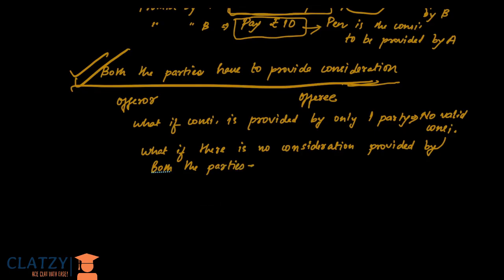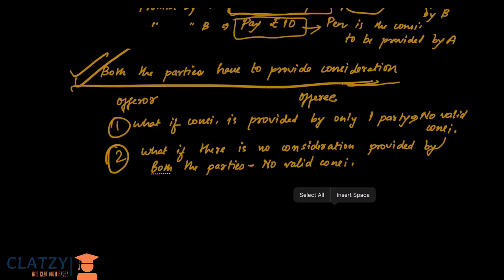What I mean to say is, in the first scenario, we talked about a situation where one party is not giving consideration. This scenario talks about a situation where both the parties are not providing any consideration. Here also, there is no valid consideration because neither the offerer nor the offeree is providing any consideration.